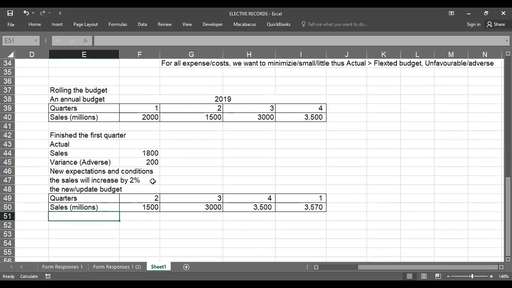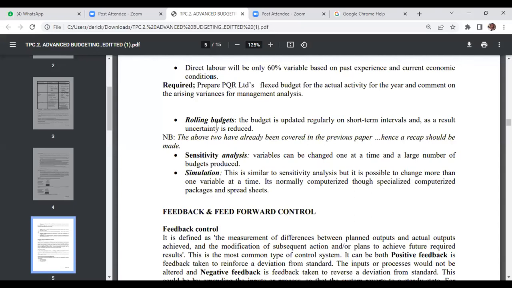The rolling budget says that you keep the same length, such that whenever a portion of the budget is consumed, we update the previous budget by adding an extra period at the end. I can show you the definition. Here, have I shared the screen? I hope you can see it. They say that rolling budgets are updated regularly on short-term intervals, and as a result, uncertainty is reduced.